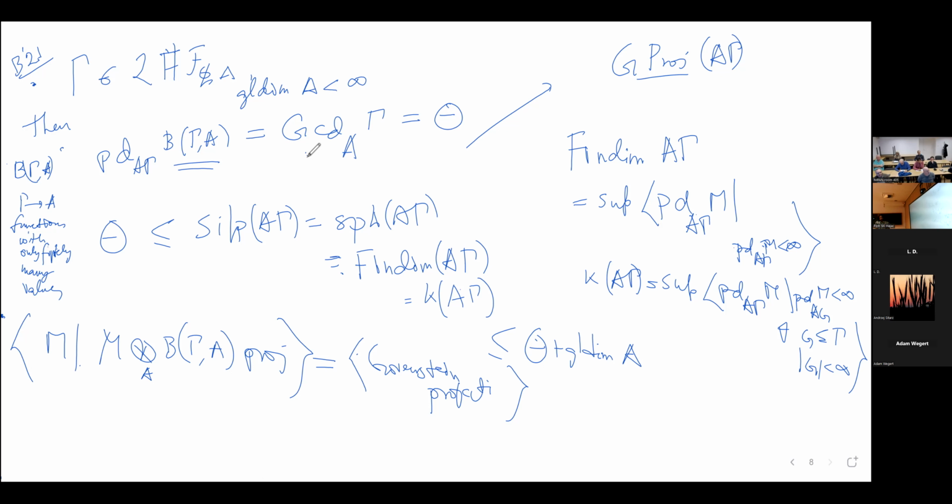We show that there was a notion of finitistic dimension for non-positive DG rings, and that our definition recovers that definition.